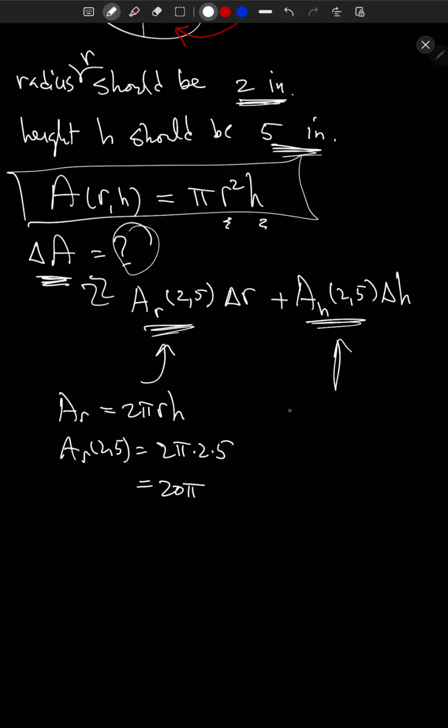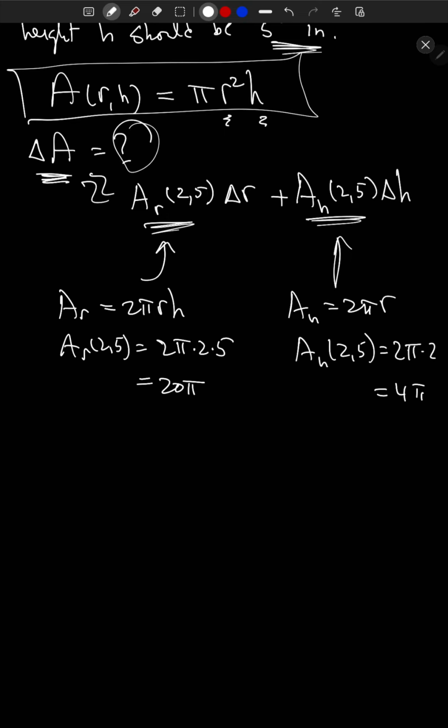Okay. A sub H is going to be 2 pi R. And so A sub H at 2, 5 is just going to be 2 times pi times 2, which is going to be 4 pi. Okay. So my change, delta A, is going to be approximately 20 pi delta R plus 4 pi delta H.